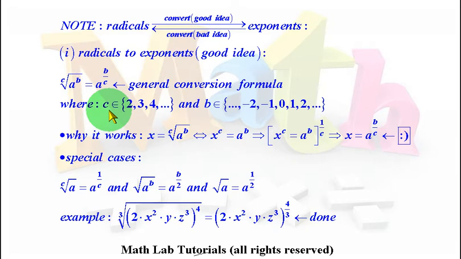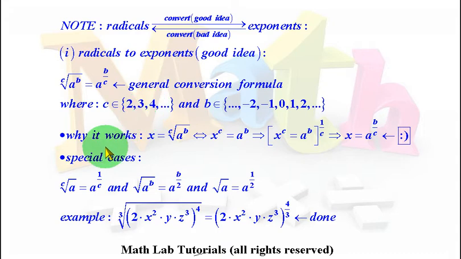In other words, the value of the index can be 2, 3, 4, etc. And b, which is the exponent inside the radical, can be any integer. In other words, ... -2, -1, 0, 1, 2, etc. But the c value, the index of the radical, should be any integer greater than or equal to 2.